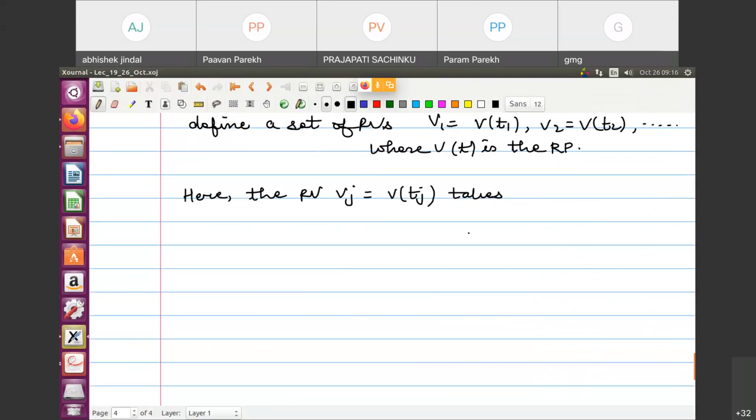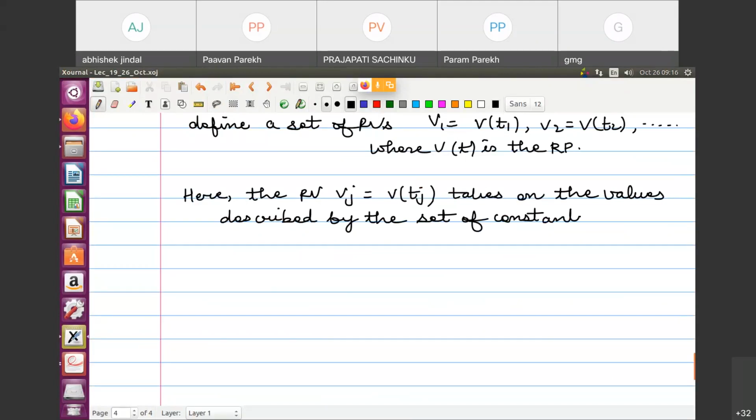Here is a random variable Vj, which takes on the values described by the set of constants V(Tj, E_i) for all i.